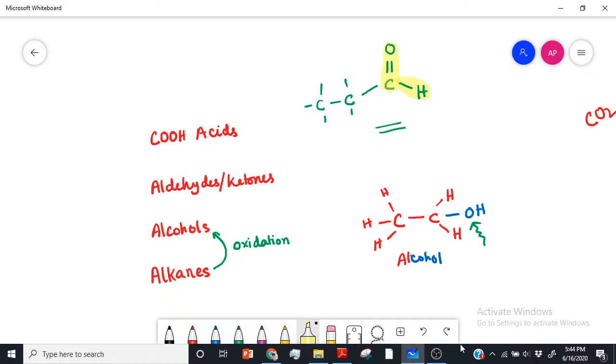In alcohol, oxygen had one bond with carbon and one bond with hydrogen. Now in the new molecule that I have drawn, oxygen has both bonds with carbon, so that also signifies oxidation. This kind of configuration in a molecule is known as aldehyde.